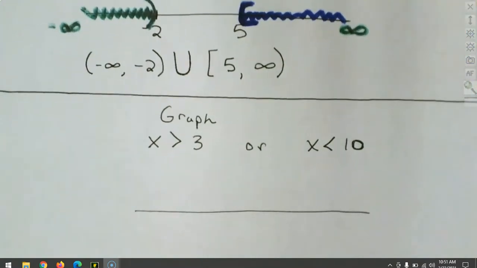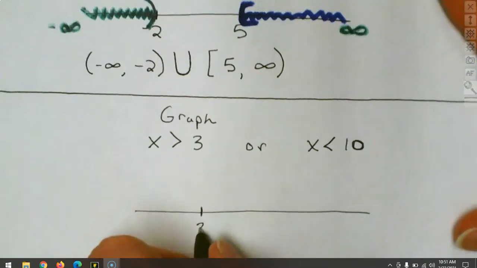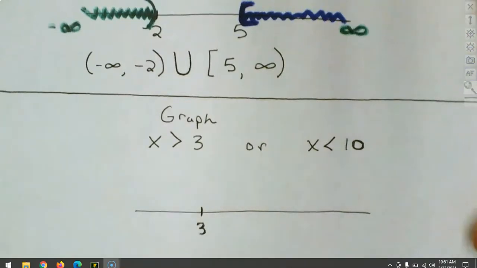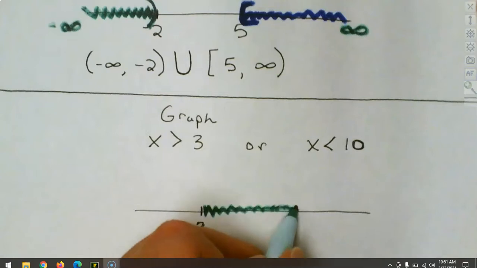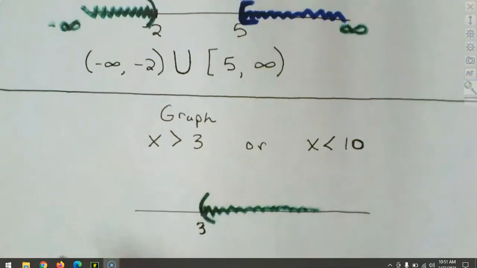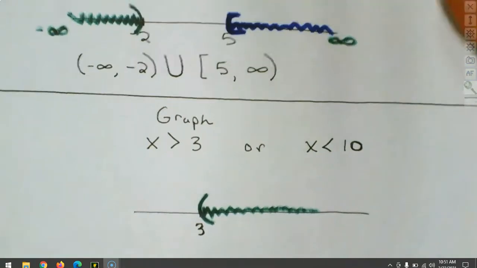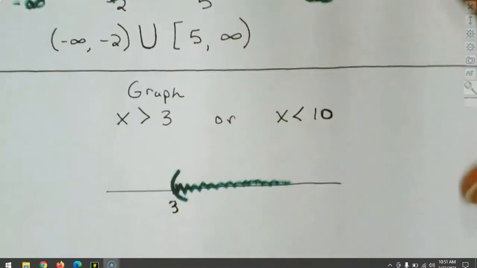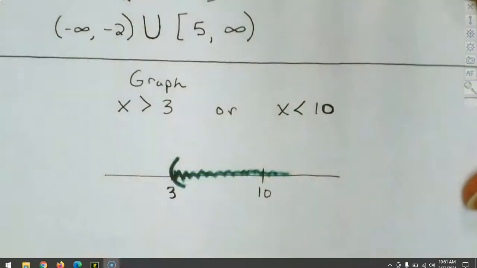So let's look at our first one. x needs to be greater than 3. So we've got our 3 here. It's pointing to the right, so we're going to have to shade to the right. And we use our parentheses. What about the other one? Well, the other one is x is less than 10. So here's our 10.